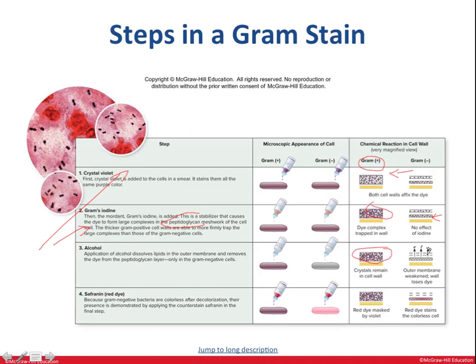The cell wall is then directly exposed to the alcohol, so the alcohol can wash out nearly all the crystal violet dye.